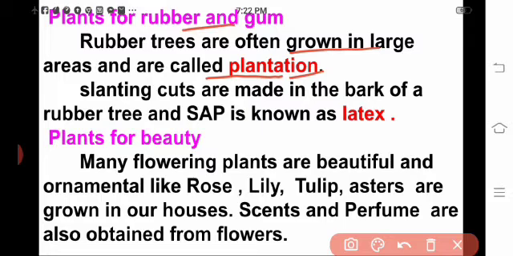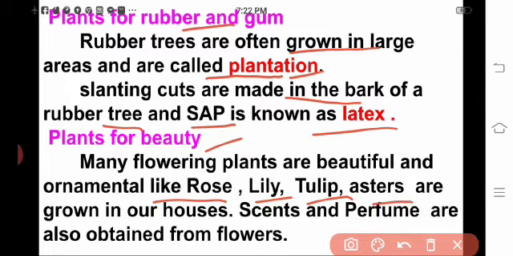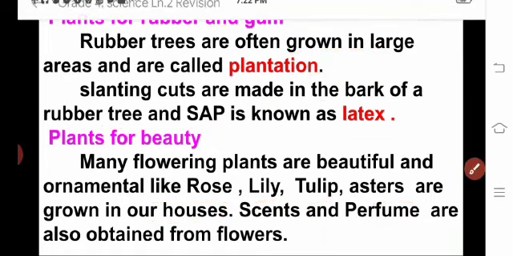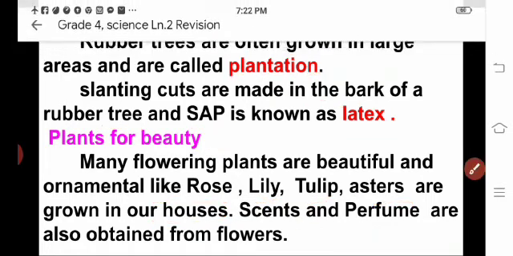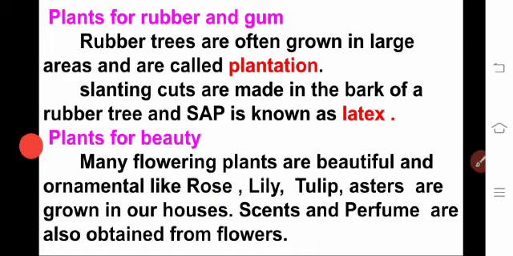Slanting cuts are made in the bark of a rubber tree and the sap is known as latex. Okay, plants for beauty. Many flowering plants are beautiful and ornamental like rose, lily, tulip, asters, grown in our houses. Scents and perfumes are also obtained from flowers only.